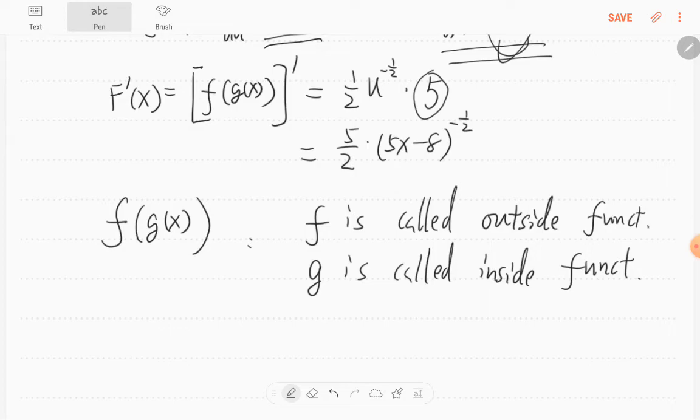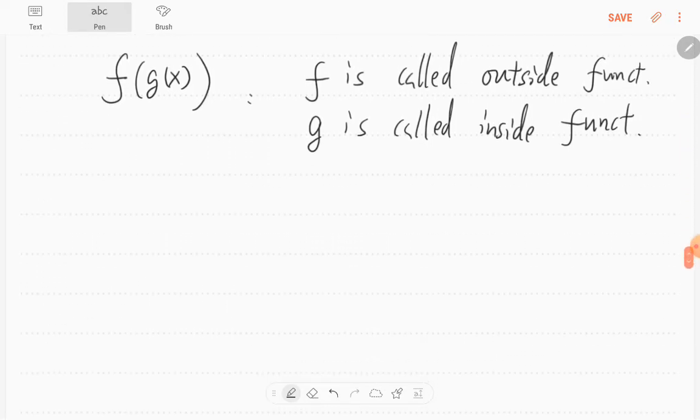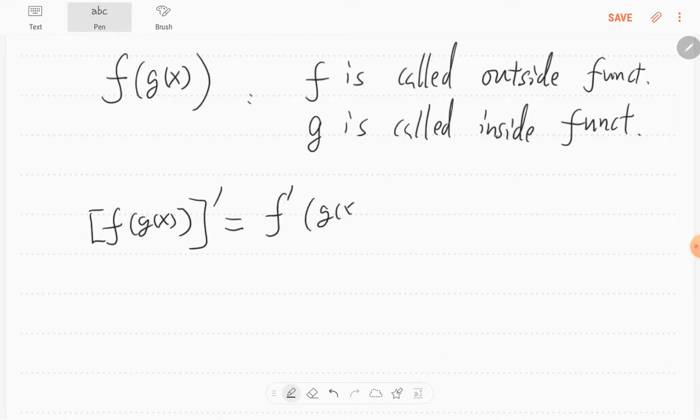So this is the chain rule: f prime of g(x) times g prime.